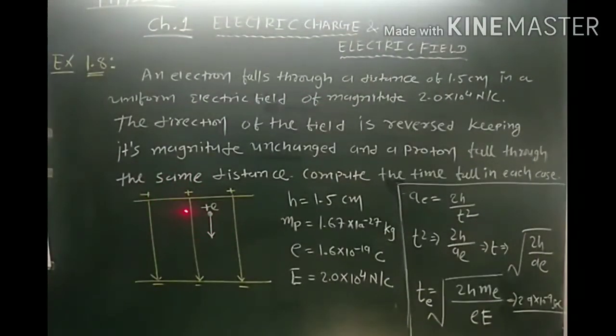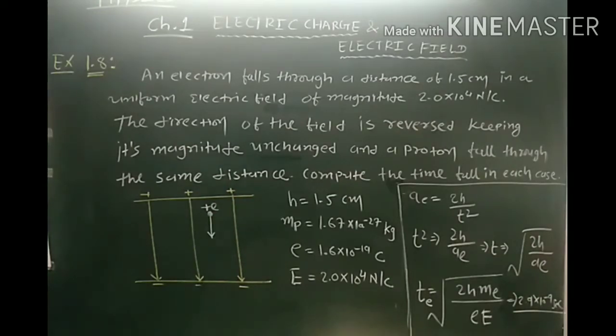Friends, now in the second case, the positive charge or proton falls through the electric field from plus to minus, meaning the electric field here is downward. The positively charged proton experiences a downward force of magnitude eE.